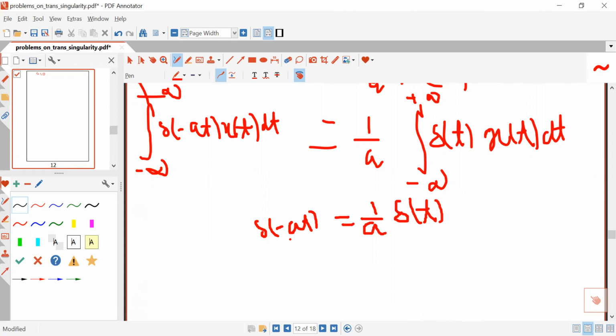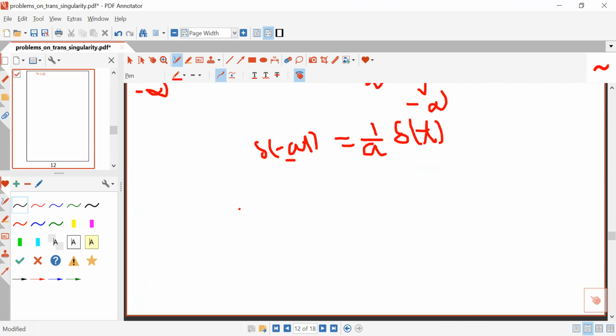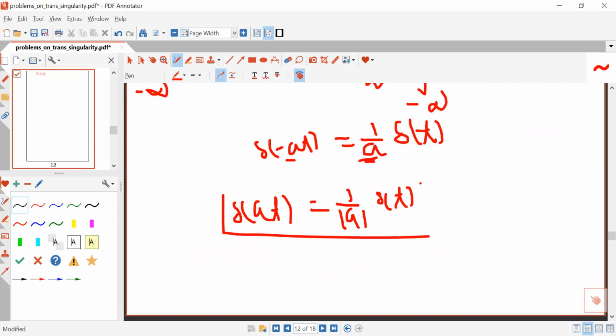So whether sign of a is plus or minus, it does not matter. Delta at will always be equal to 1 by mod of a delta t, because here a is always positive, so it is better to take mod of a. This property is called scaling property.